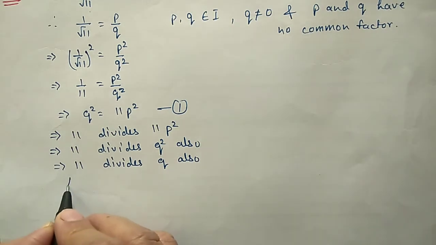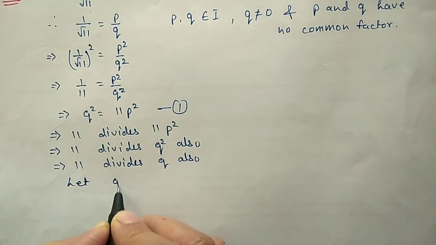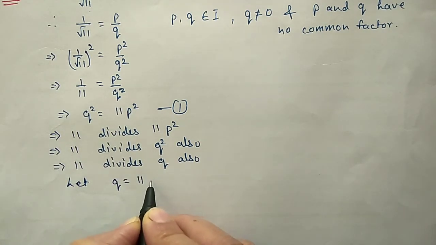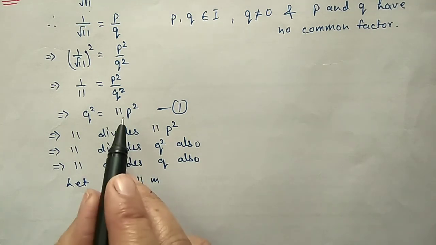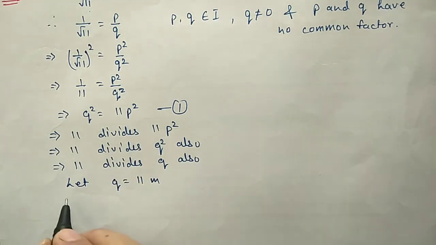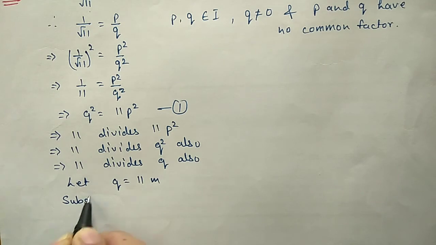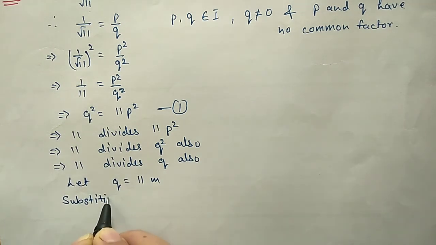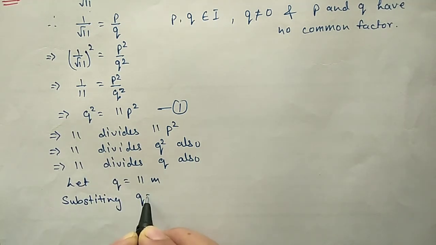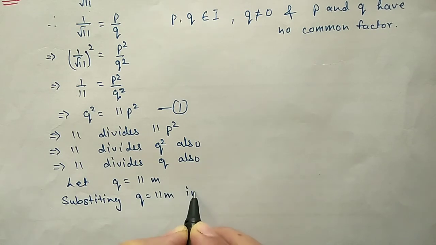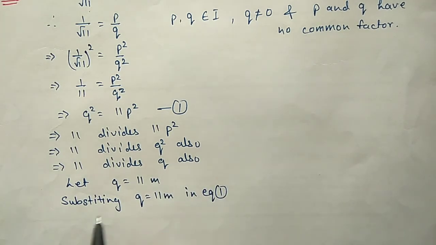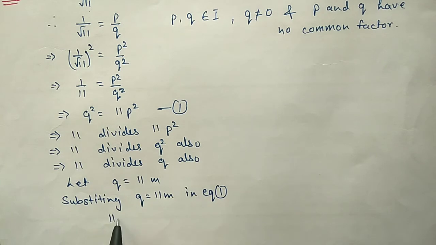So we can take, let q is equal to 11m, and this value we will substitute in the first expression. So substituting q is equal to 11m in equation 1, we will get (11m) square is equal to 11 p square.